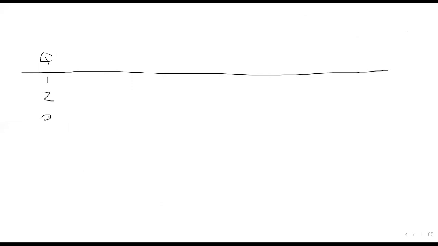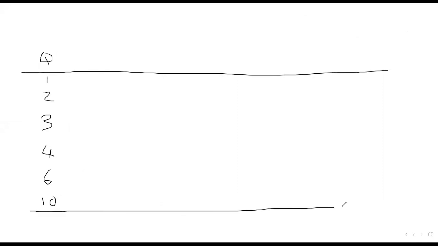I need you to help me fill in this table here. I'm given output 1, 2, 3, 4, 6, 10. Then you're given the price, 2, 3, 4, 5, 6, 7.